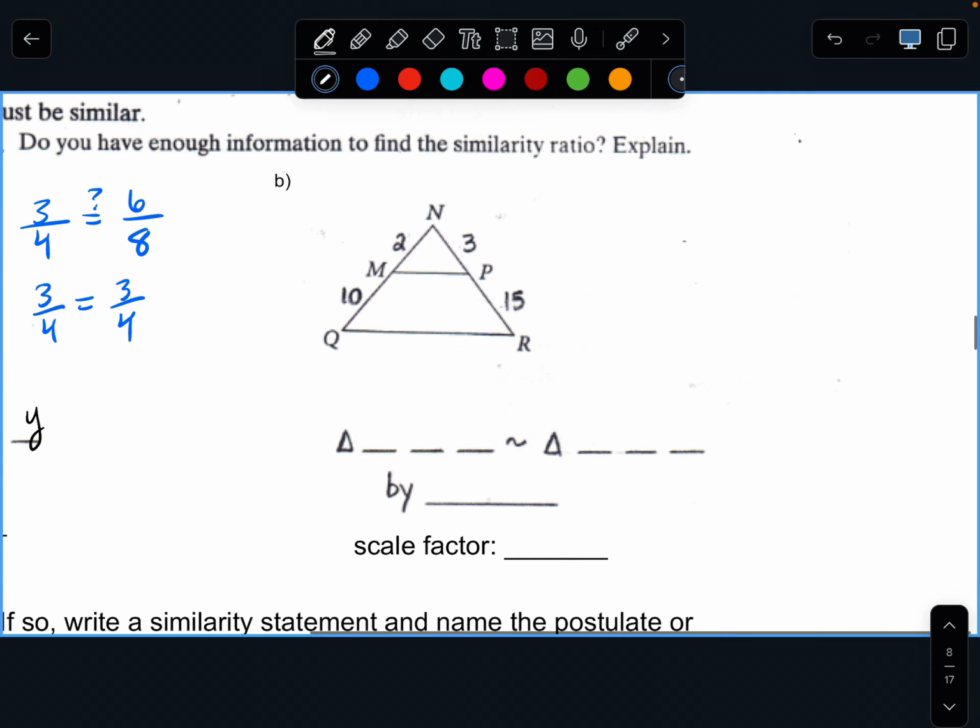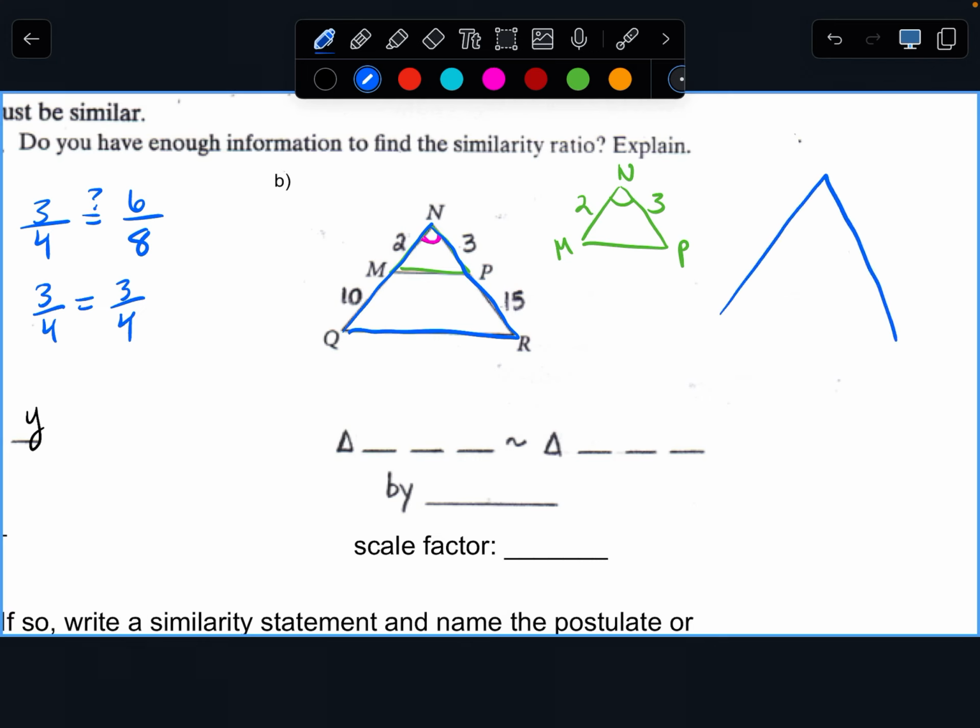Okay, so this last one is like a sneaky side angle side because they share an angle. You see it? Because you've got this little guy, and this bigger one, it also has N in it, like it's part of the triangle.